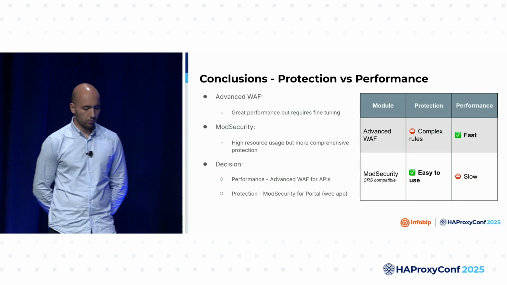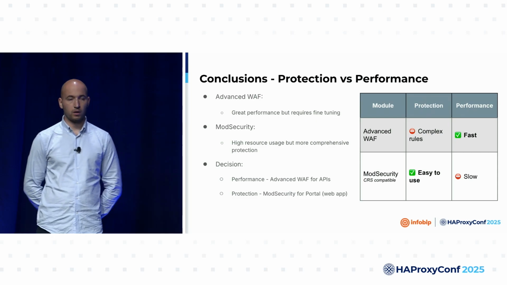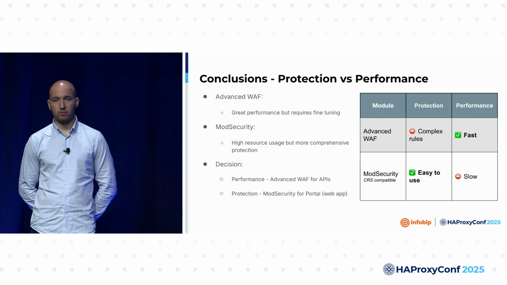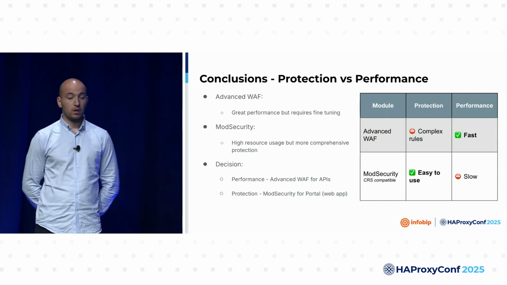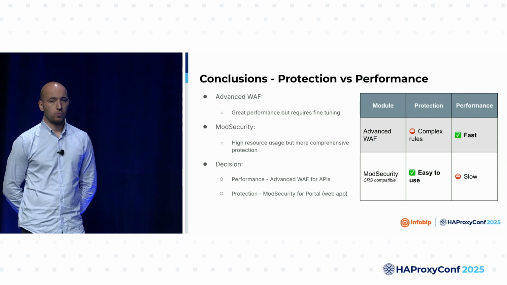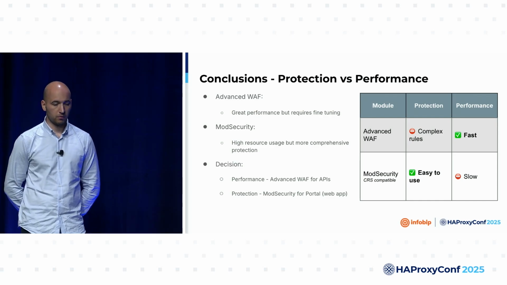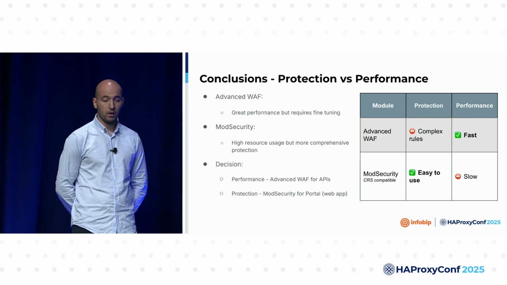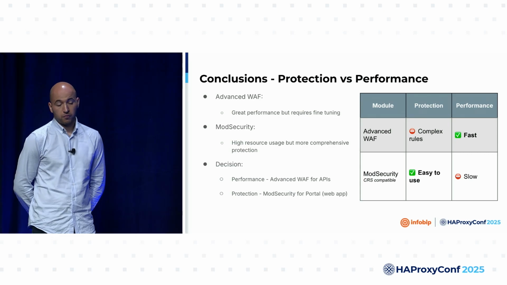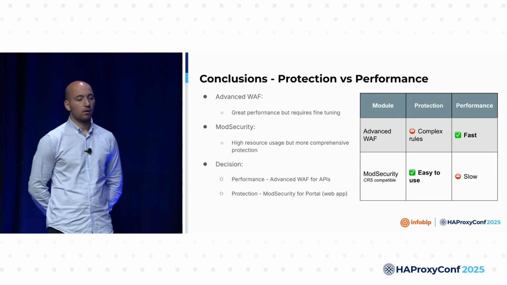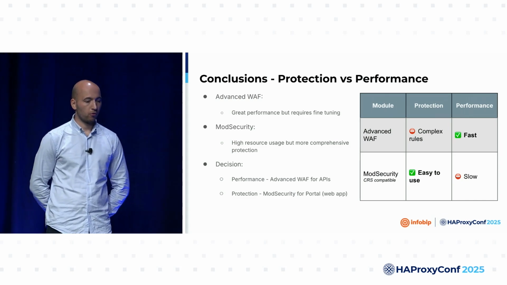So here we must mention that we have both API and web portal. On the API, we see much higher volume of traffic than on the web portal. So here, WAF must be able to handle all that volume.